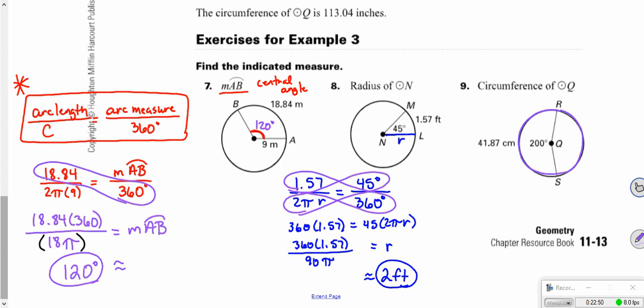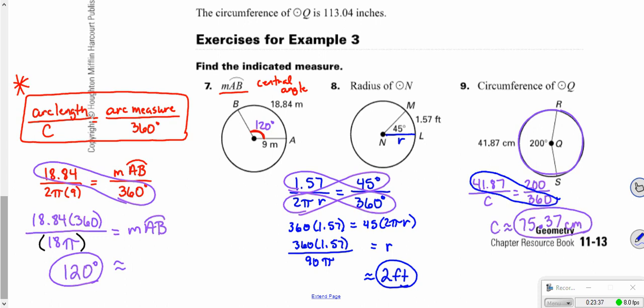Let's start with my basic setup: arc length here is 41.87 over circumference, which is what I'm looking for, equals arc measure 200 over 360. If you poke that in a calculator, 360 times 41.87 divided by 200, your C is going to be approximately 75.37 centimeters.